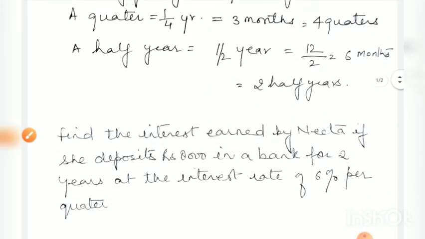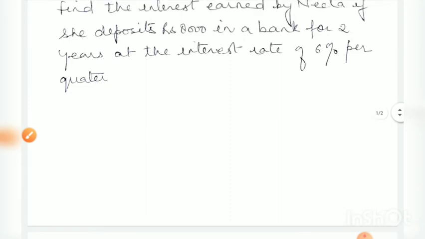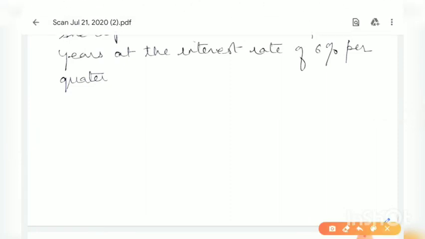Now the next question is, find the interest earned by Neeta if she deposits rupees 8,000 in a bank for 2 years. So the principal here is 8,000, right?